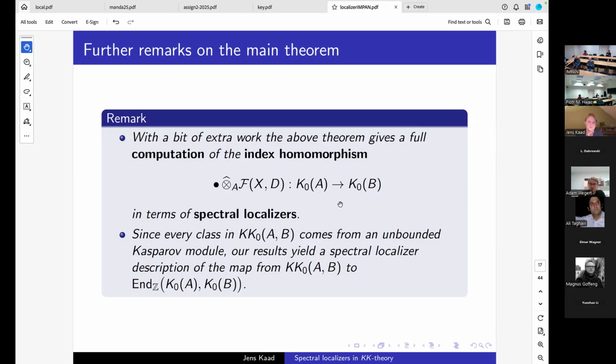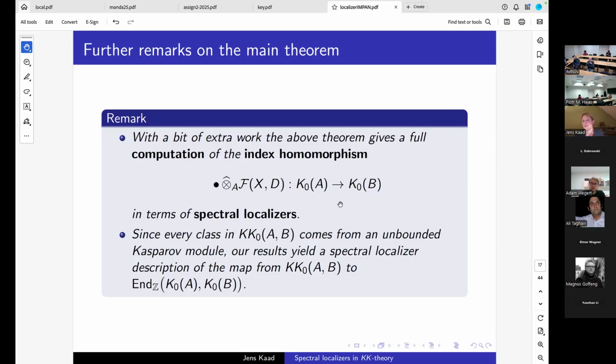I typically think of an unbounded Kasparov module as what you get if you have a fiber bundle and you have a vertical Dirac operator. So if you have a fiber bundle and a vertical Dirac operator, this gives you an unbounded Kasparov module, which links the total space of your fiber bundle to the base space.